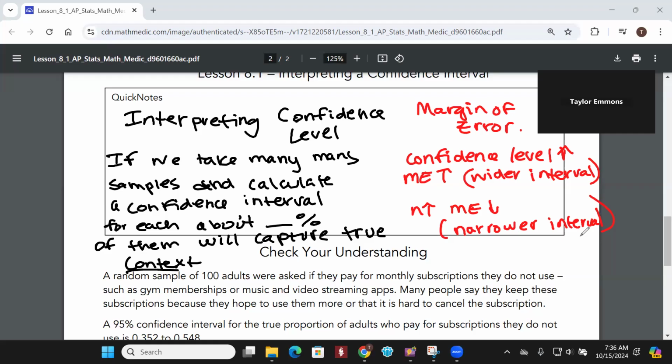Like if I say that your grade falls between 0 to 100, I'm 100% confident that your grade falls between 0 and 100, right? But that's a big range, right? Now, if I say you fall between 30 to 50, that may or may not be true. I'm not so confident anymore, right?